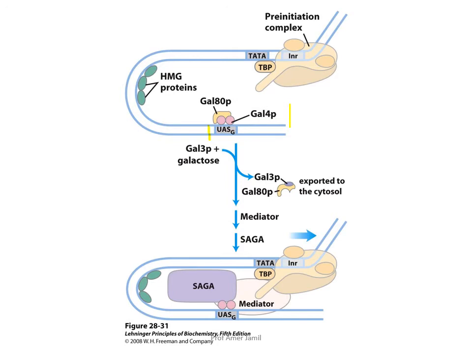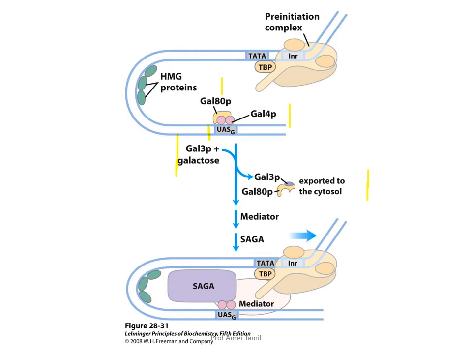Gal4p is the activator, and this Gal80p is the inhibitor of Gal4p. So Gal3p plus galactose, they induce this system, and Gal3p takes out this Gal80p and exports it to the cytosol.